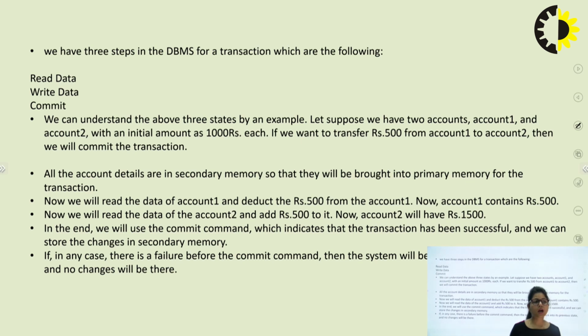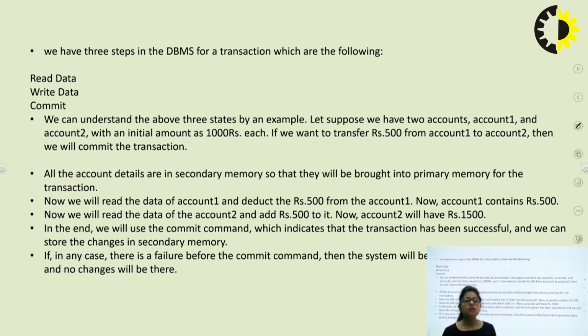All the account details are in secondary memory, so they will be brought into primary memory for the transaction. Now we will read the data of account 1 and deduct 500 rupees from it. Now account 1 contains 500 rupees. Now we again read the data of account 2 and add 500 to it. Now account 2 will have 1500.